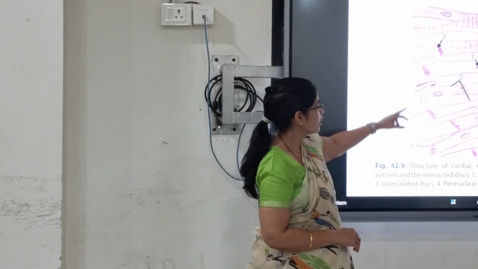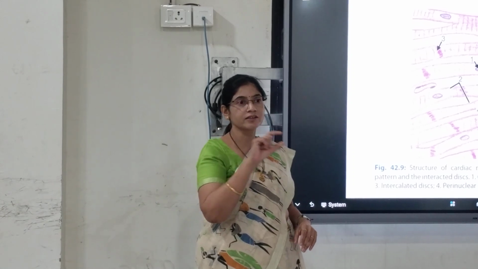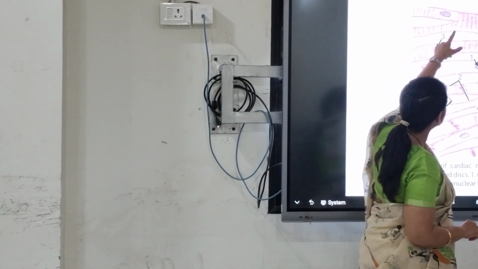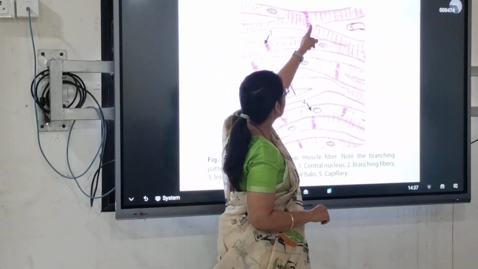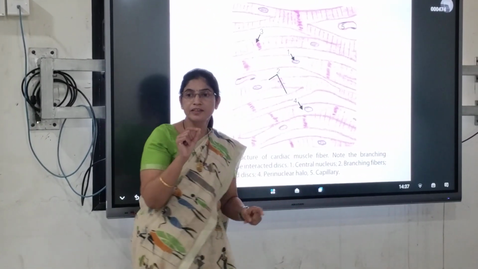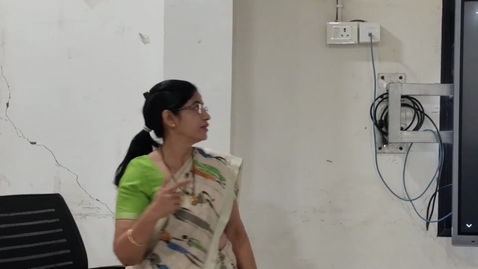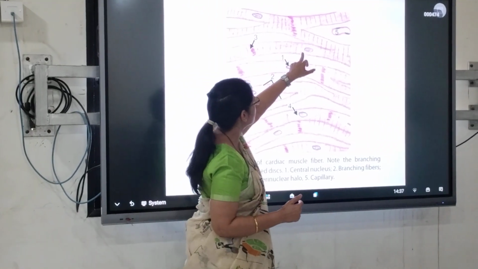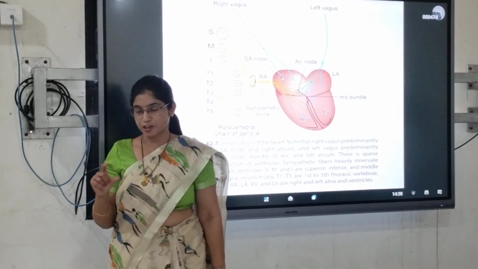So these are the cardiac muscles, involuntary muscles. Mostly you can see these muscles are branched. In between there are some intercalated discs, meaning the cardiac muscle folds itself and forms the intercalated discs, and these muscles also get attached to the other muscles with the help of low resistance gap junctions.